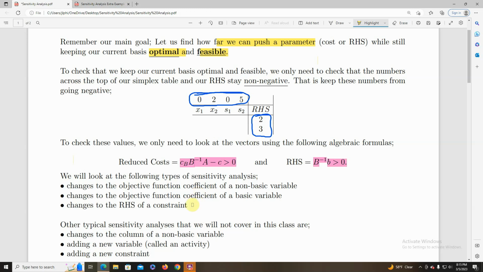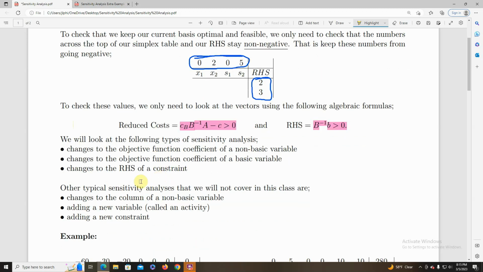There's a lot of flexibility built in there. And these right-hand sides are things that are limiting our constraints. They may be something like, in the context of a problem, the amount of employee work hours you have, or the amount of raw materials you have, and those things can change as well.